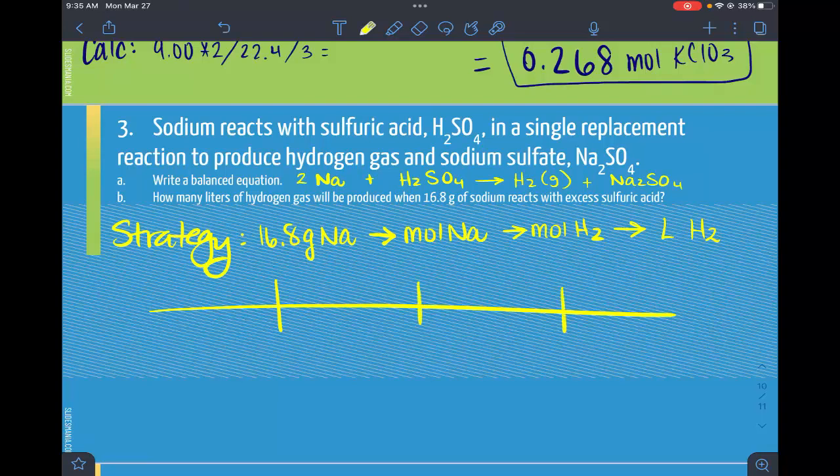We are starting with 16.8 grams of Na. Bring down grams of Na and convert to moles. Bring down moles of Na, convert to moles of H2, and bring down moles of H2 and convert to liters of H2.